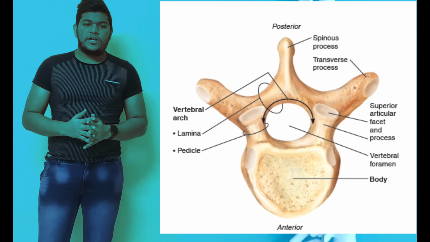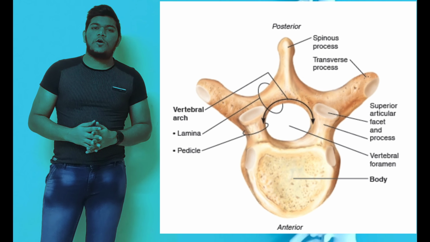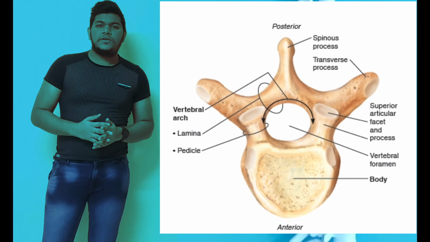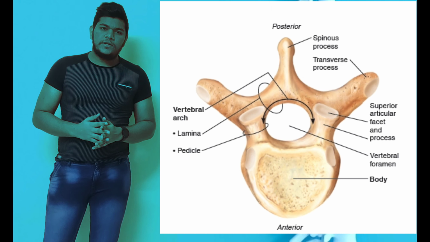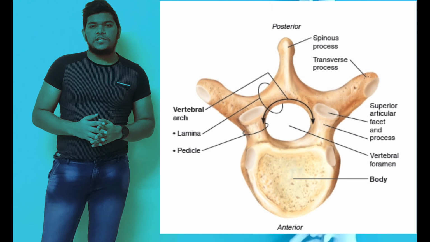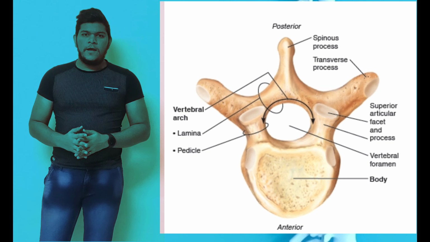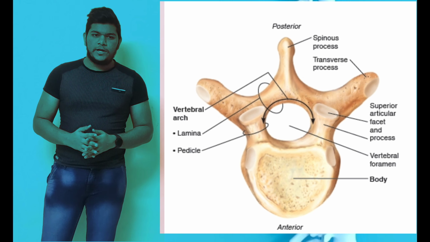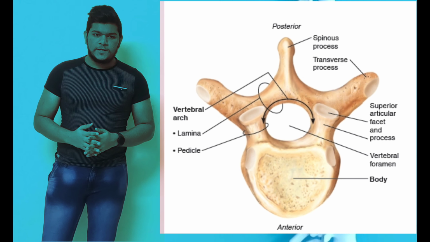It has a disc-shaped anterior portion. It is also a weight-bearing portion. Its size increases inferiorly. Its inferior and superior surfaces are roughened and give attachment to the intervertebral disc. Anterior and lateral surfaces contain nutrient foramina, which are a pathway for the blood vessels.